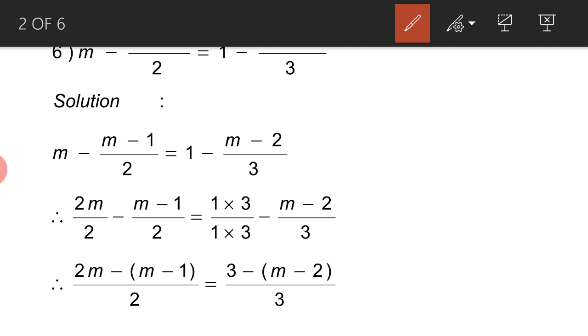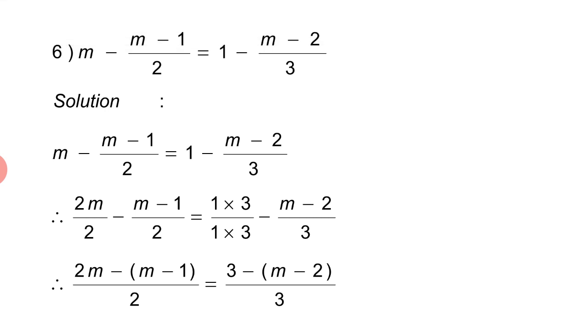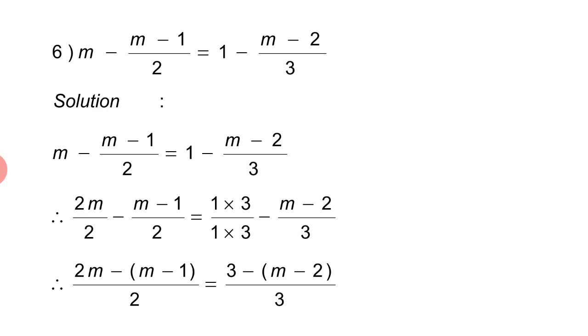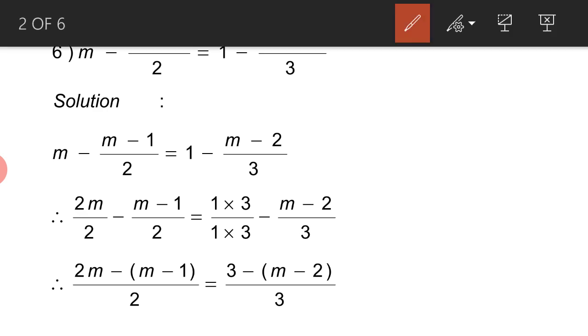So now we will go for the next step and we will open the brackets. So it will be 2m minus m plus 1 upon 2. So now I'll go back again. So it is 2m minus m, and minus minus will become plus.